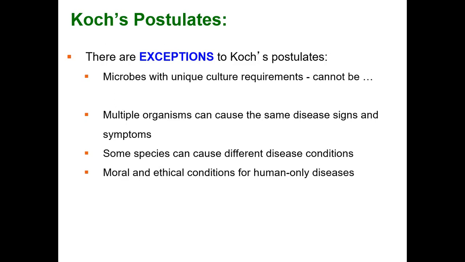Another one is Bartonella henselae, which causes cat scratch fever. They've been trying to grow that in tissue culture as well. We've never been able to get either of these 2 organisms to grow in tissue culture. They have unique culture requirements, and we can't figure out what they require in order to grow.